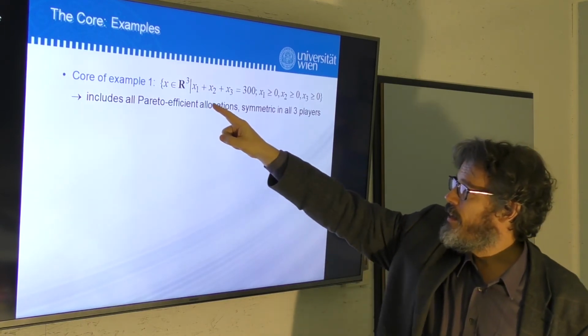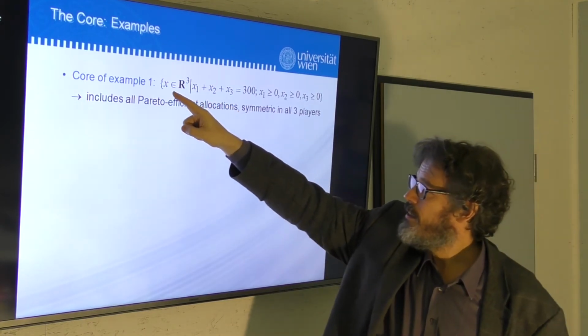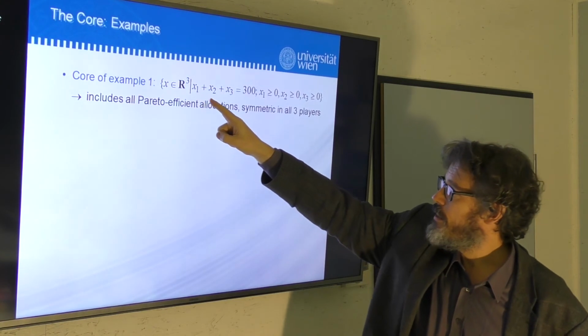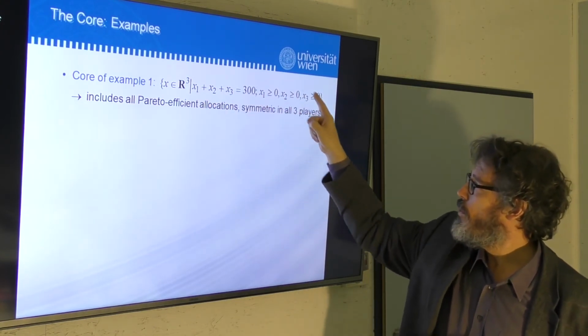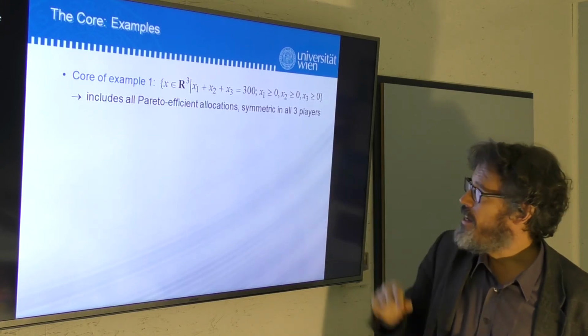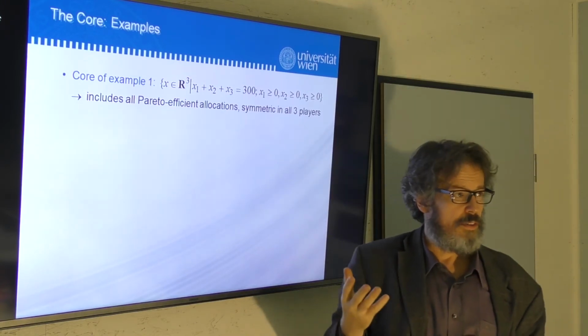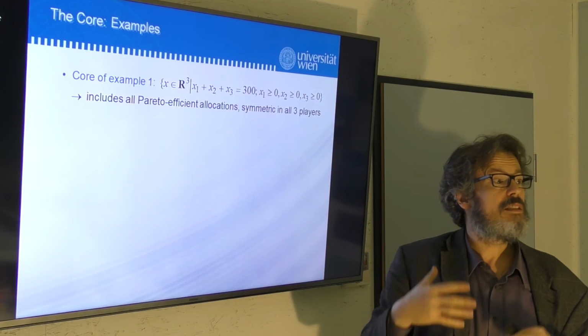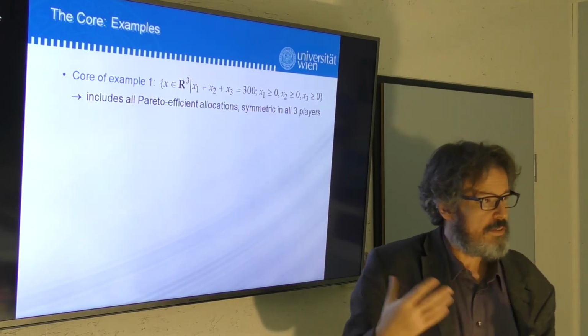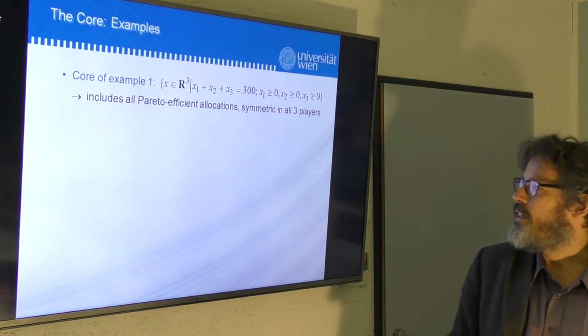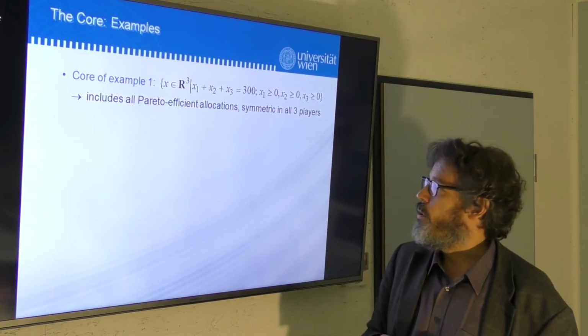So any 3-dimensional allocation vector x which satisfies this equation and is non-negative in all 3 components is in the core of this game. Which means there are many such allocation vectors, in fact an infinite number of allocation vectors in the core.